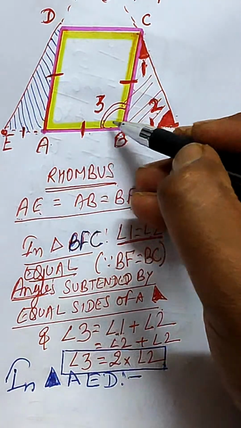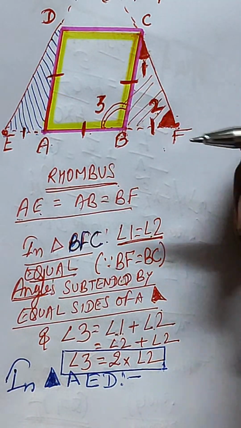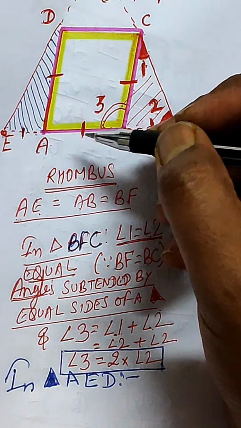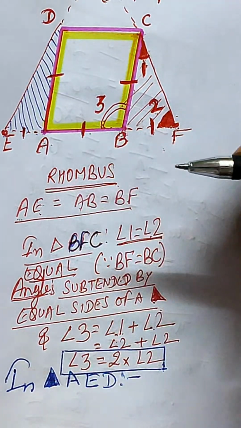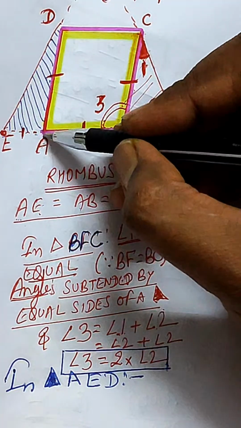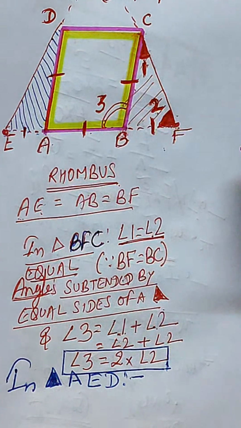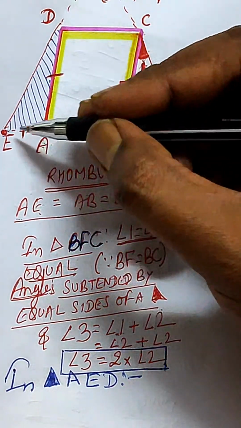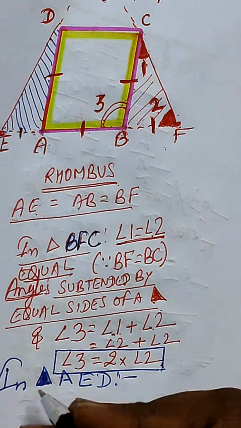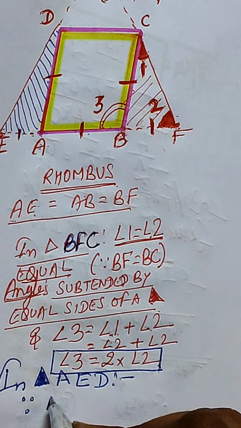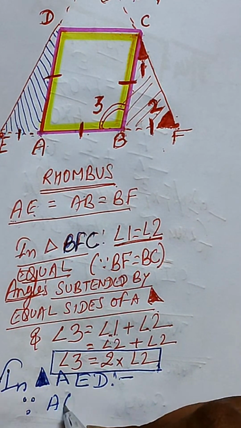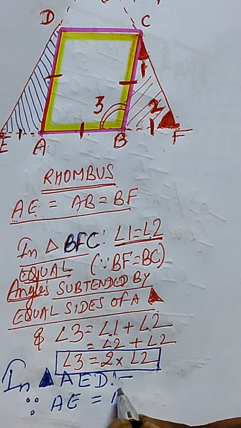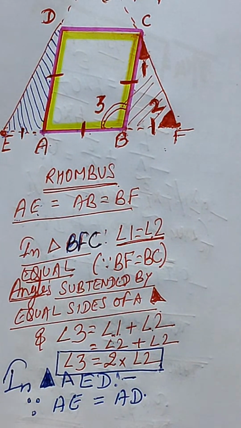So AB is equal to AD. Since AB is equal to AD and AB is also equal to AE, we can write AD and AE are equal, right? So, since AE equal to AD, right?